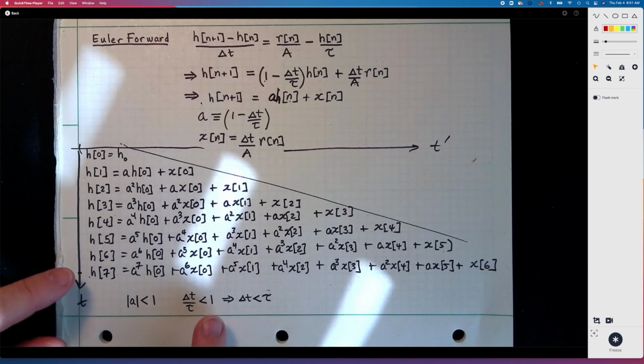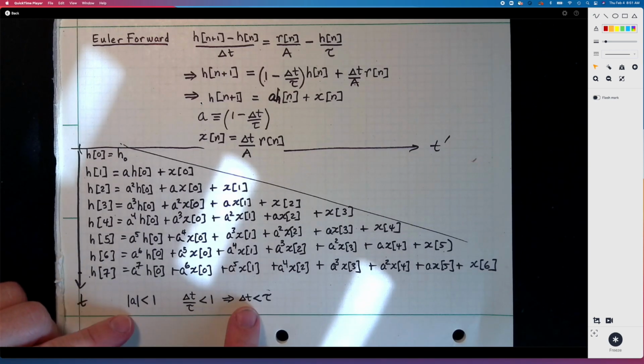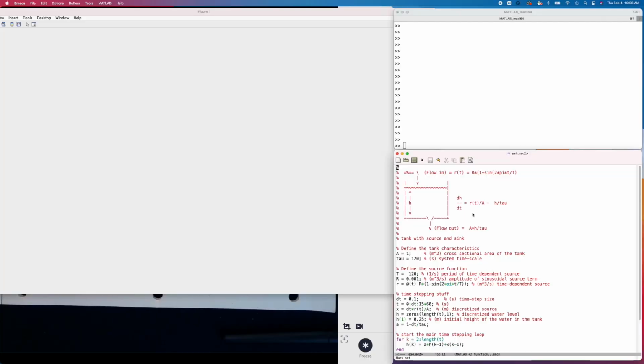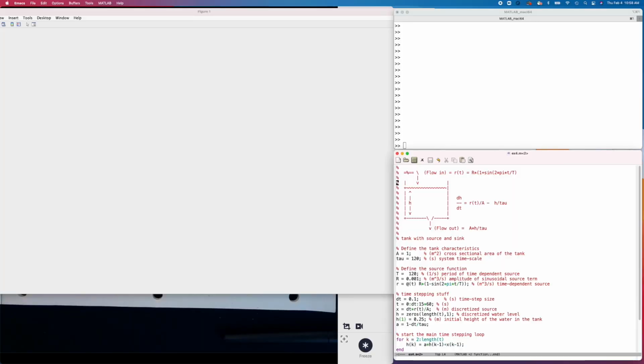All right, we can try this on the computer, and I could show you how the code will blow up in a situation where I pick my delta t to be too big. So over here on the right, I have my text editor with my MATLAB script that will simulate the leaky tank problem for the case of a sinusoidal input function.